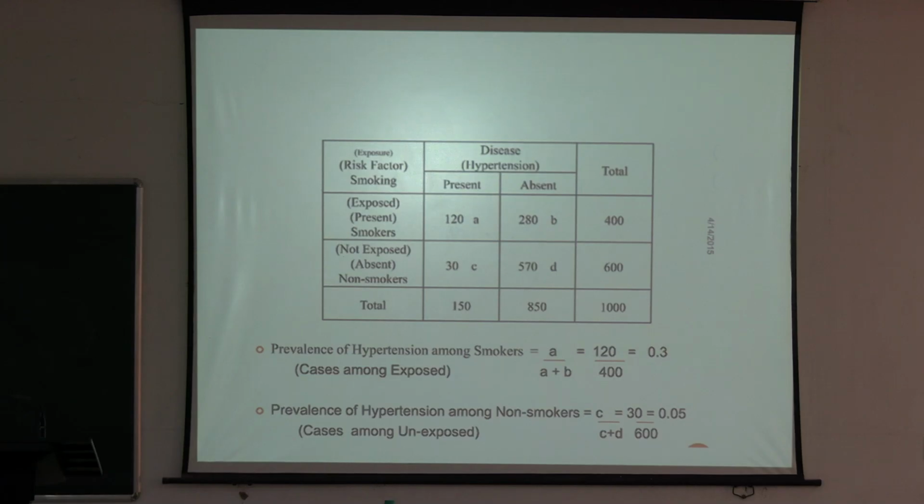Among smokers, how many of them have hypertension? First, how many smokers are there in total? 400. Out of which how many have hypertension? 120. So 120 divided by 400, that is basically A by A plus B. So that gives the cases among exposed, 0.3.